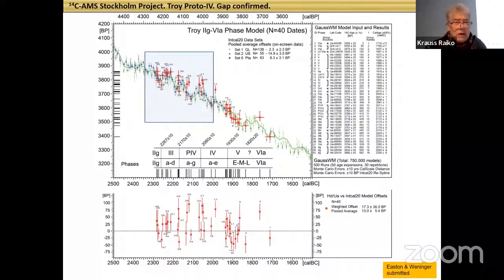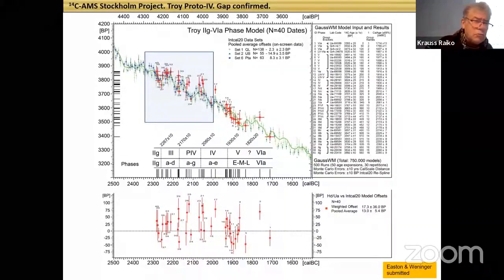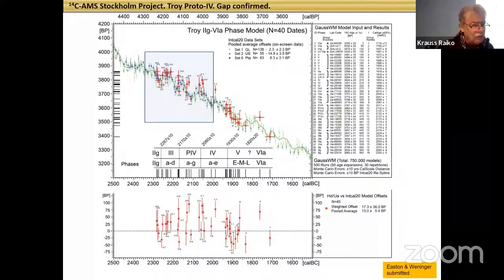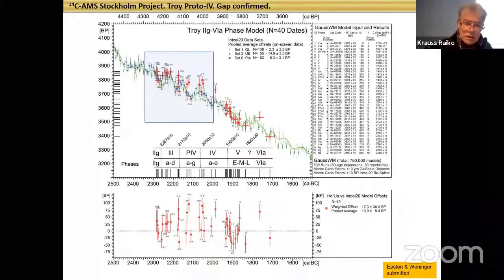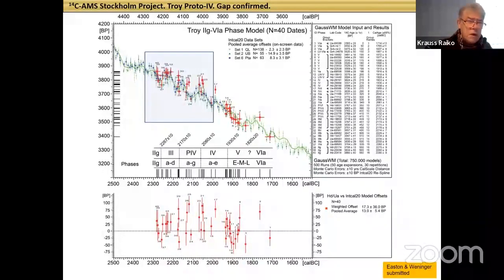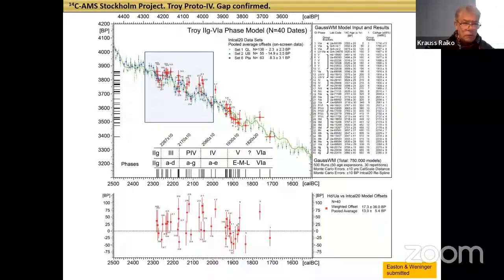What I'm doing here, because I don't believe in the smooth calibration curve which the IntCal group are often giving me, but I don't want to produce new ones all the time myself, and I haven't got the data anyway. So what I do, I take the internationally recommended calibration curve, but then to analyze the radiocarbon dates graphically, I plonk the raw data on them with a certain menu, and it goes very quickly, a few minutes.